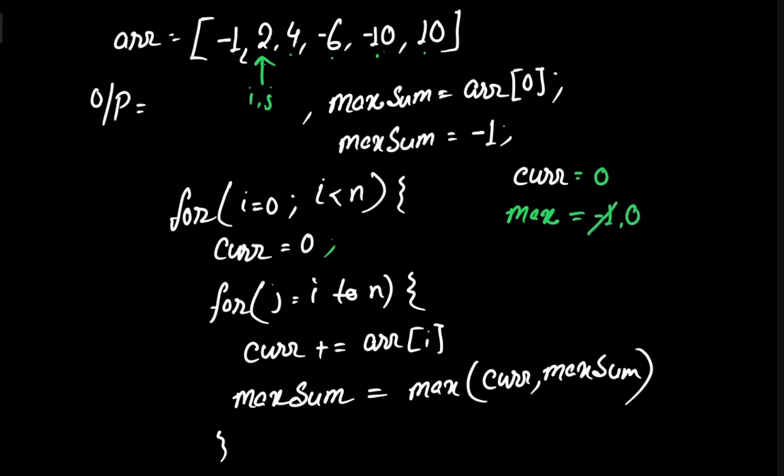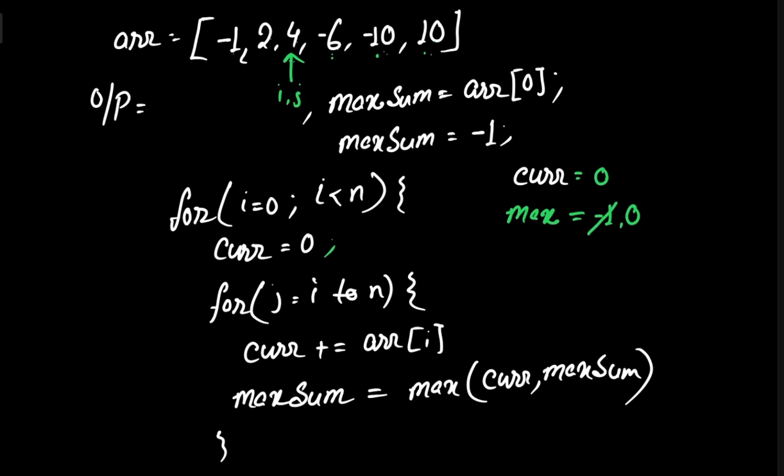Now i and j increment by 1, and current is 0. Now it will sum from j to n, means 4, minus 2, minus 12 and 10.